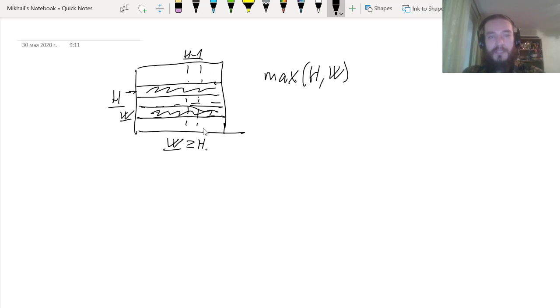Since rows are better than columns, it's always better to take rows, because first of all, they are at least as large as columns, and also as we take more rows, the columns get progressively worse. So after k turns, the number of black squares we can have is k times the largest of H and W.